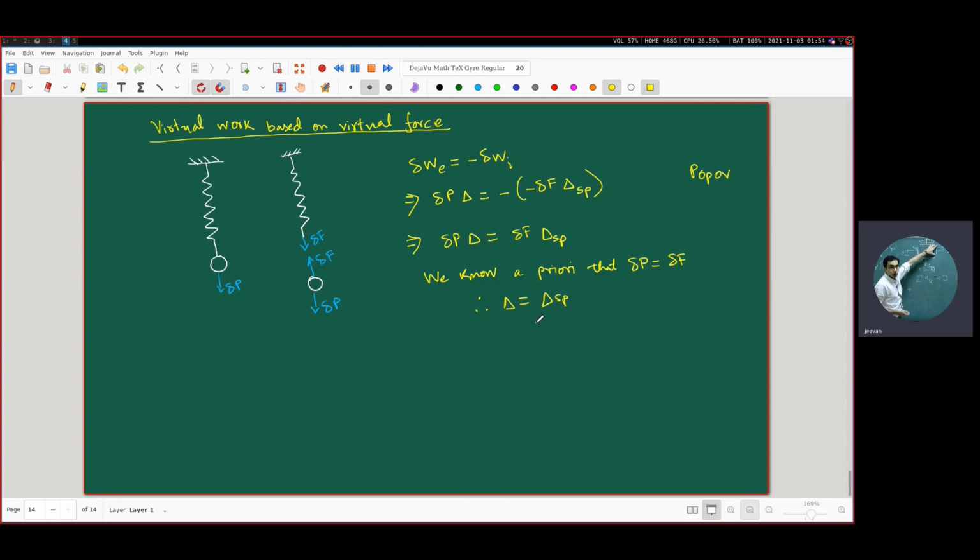Now this seems rather ridiculous. Of course it is equal to delta spring. I mean, did we have to do all these things just to arrive at this? And is Popov famous for these kinds of things? It's not like that. Again, I'm telling you, these are the very basic building blocks.